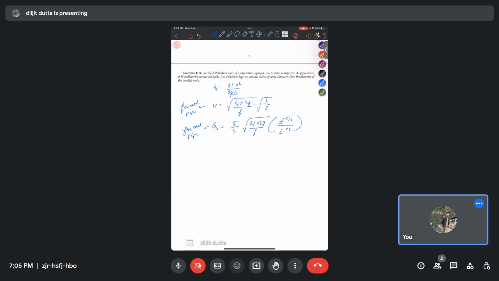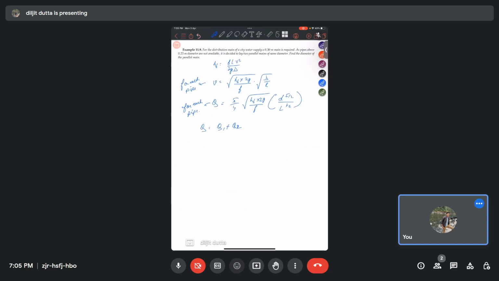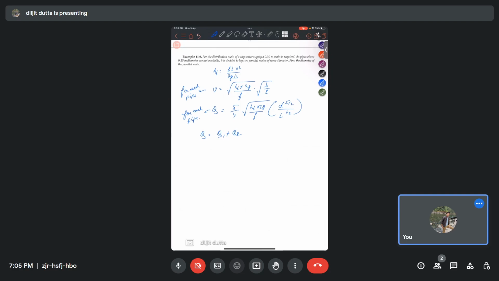Now we know that for parallel connection, total discharge equals Q1 plus Q2. And it is given that the two parallel mains are of same diameter, so Q1 is equal to Q2 here.